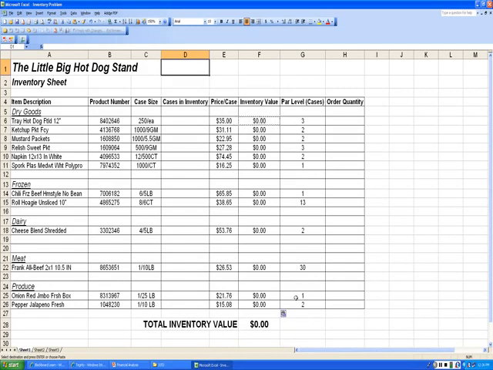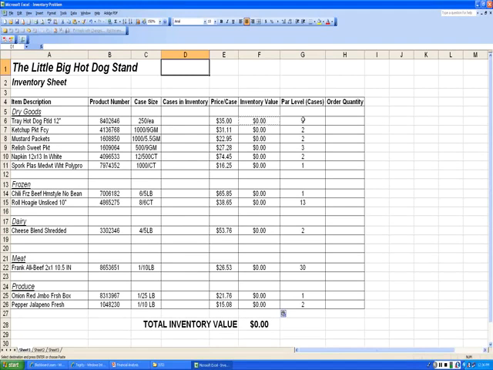The next one's our par level. So essentially, when we do our inventory, we're going to compare that against what we call our par level. And essentially, our par level is the amount of product that we need to make it till the next order. So for the hot dog trays, our par level is 3 cases.